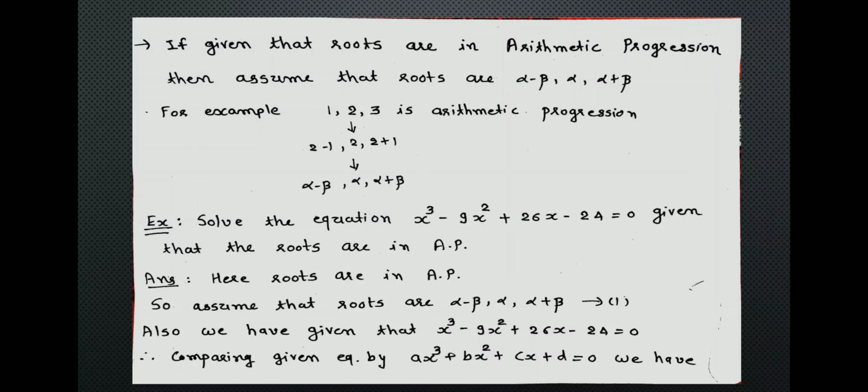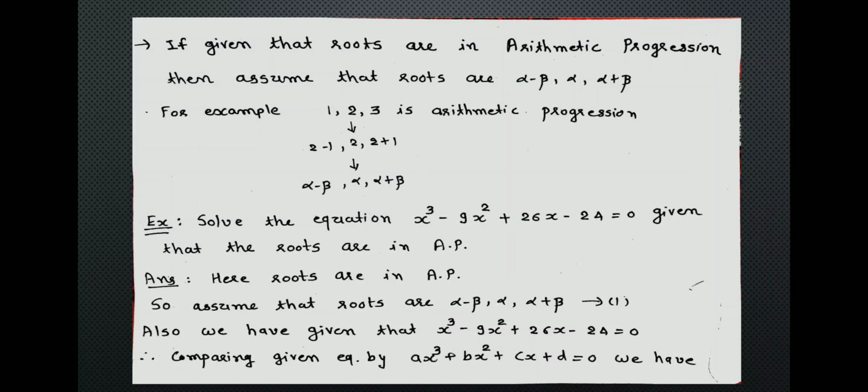We know that 1, 2 and 3 is an arithmetic progression and it is also written as 2 - 1, 2 and 2 + 1. If we take alpha as 2 and beta as 1, then it is alpha - beta, alpha and alpha + beta. Let's solve some examples.